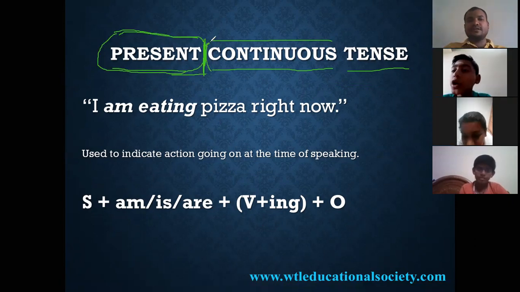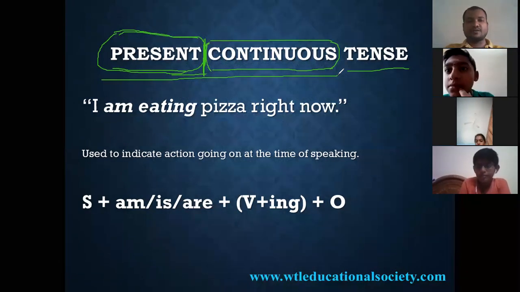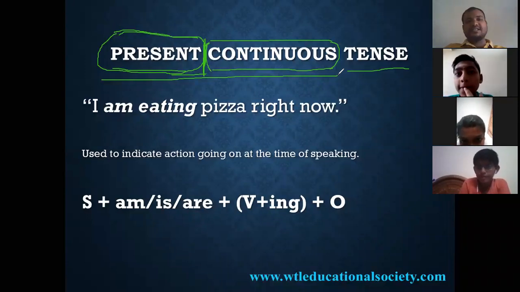It's still going on. It indicates an action. Very good. Next, Hanish, what is meant by present continuous? It's going on right now, sir. Whatever actions are happening now, which are going on now, that tense is known as present continuous.